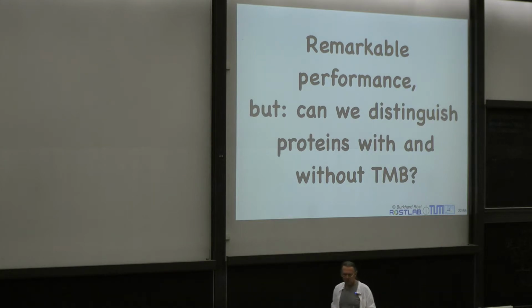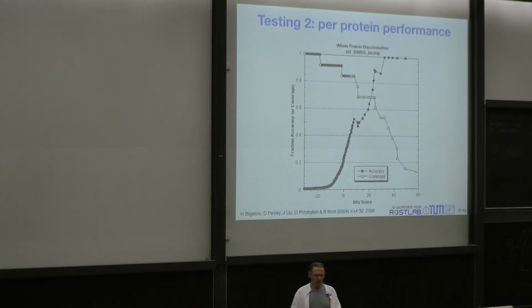But overall, that means we have to find a way to go from the per residue counting to going to a probability model that essentially addresses the issue, is a protein a membrane barrel protein or not?